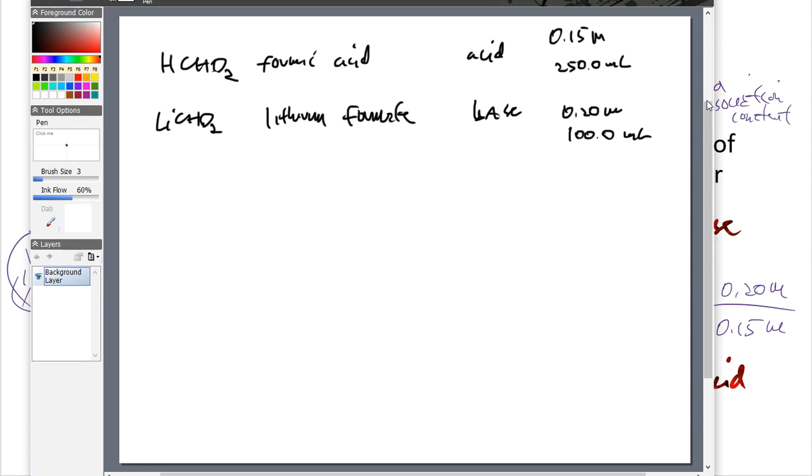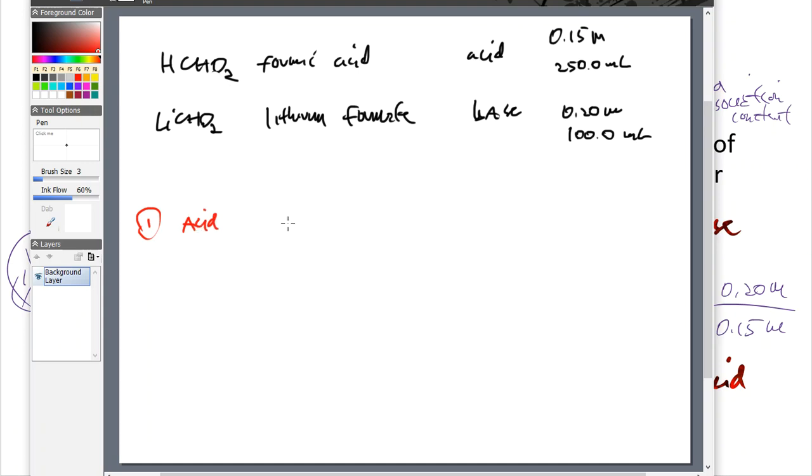All right, so here's the breakdown. I now know which one's the acid. I know which one's the base. If I can figure this out, I'll know how to put this into the Henderson-Hasselbalch equation. All right, so let's start with the very first one. I'll work with the acid part.